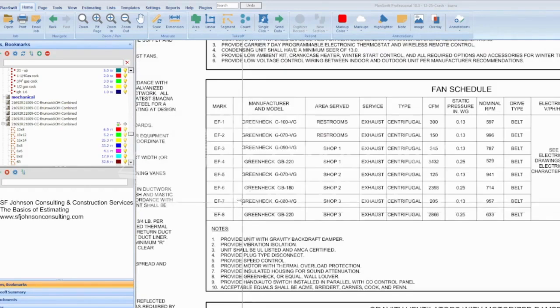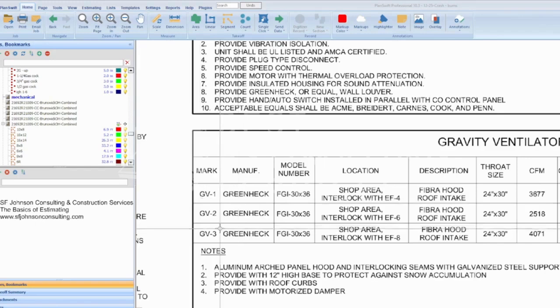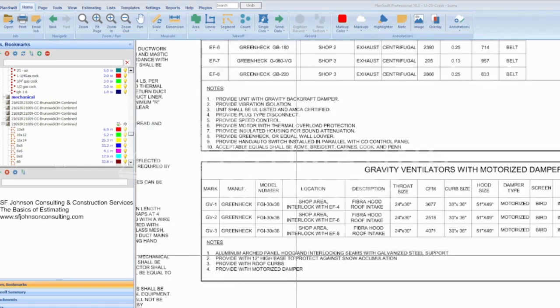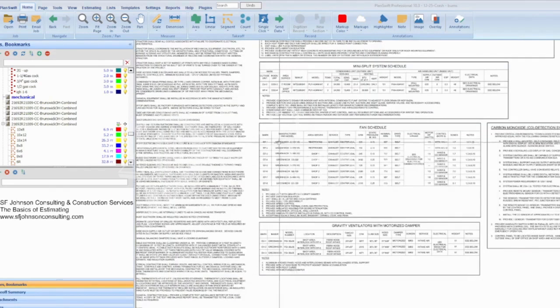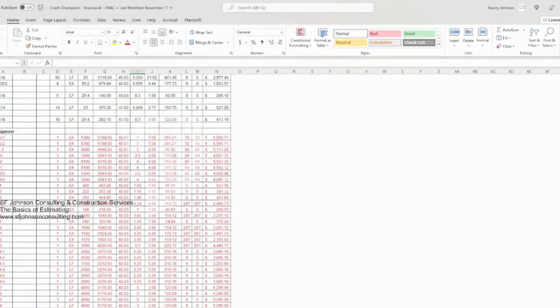But in terms of the grills, it'll give you just one type of grill, but you'll have to count the grills on the plan. But the equipment itself, everything will be listed in the schedule. And what I always do is whatever's listed in the schedule, we would just rewrite it because we need the cost of the equipment and the cost to install it.